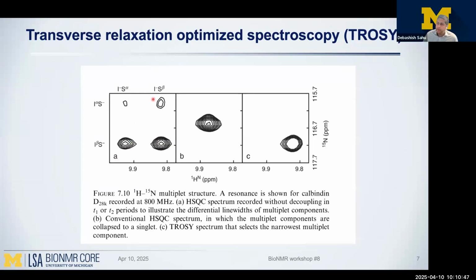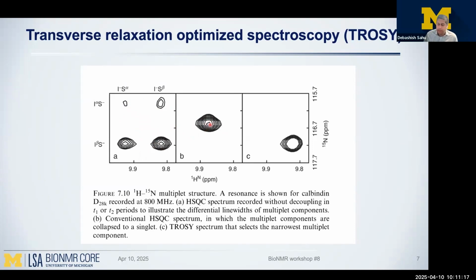When you run an HSQC experiment, you actually see all these components when you have no decoupling in both the proton as well as nitrogen dimension. Once you do the decoupling, everything collapses and you get one peak, and each peak corresponds to the spin system HN in this case.